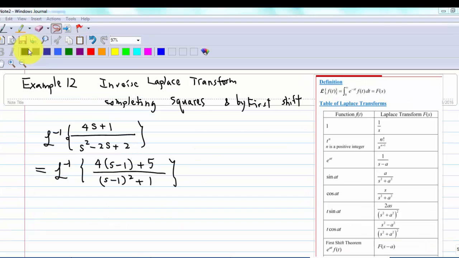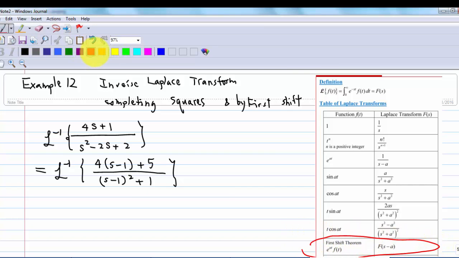So, the inverse Laplace transform of 4s plus 1 over s squared minus 2s plus 2 is equal to the inverse Laplace transform of 4 times (s minus 1) plus 5, after balancing and completing the square, over (s minus 1) squared plus 1. Now, I'm going to apply the first shift.